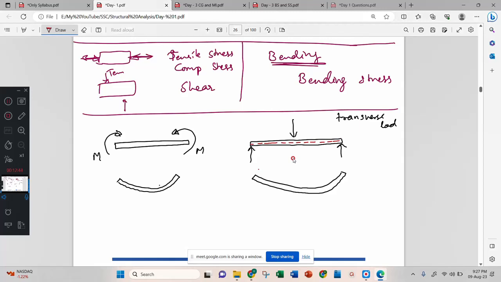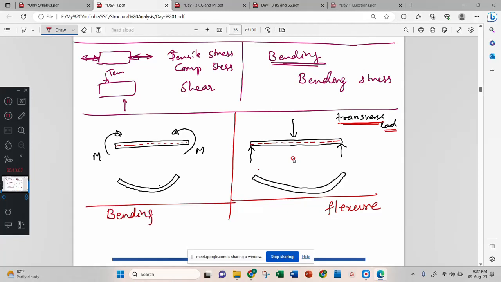Therefore they are called transverse loads. But here we are applying moments, then we are bending. That's why this is called flexure.